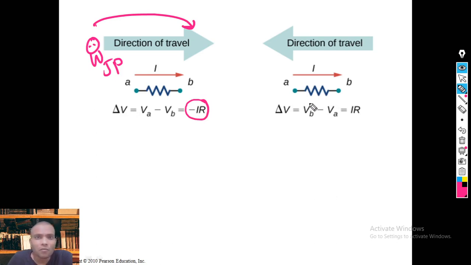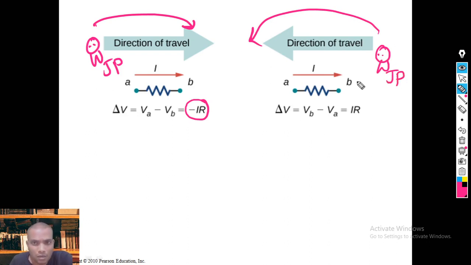Similarly, when you are traveling the loop and the current direction is opposite to your direction across the resistance, the product of current and resistance at that particular resistor, we take as positive.